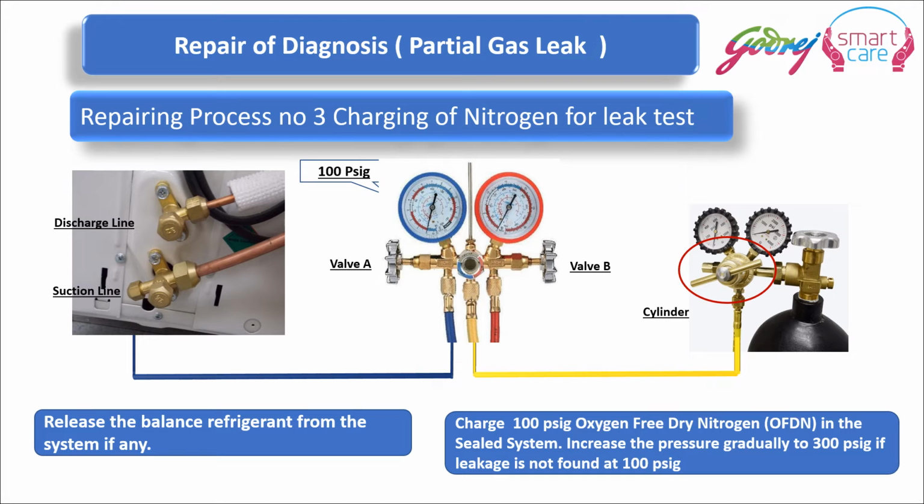So initially we check the leakage at 100 psi, and if we don't find any, we gradually increase the pressure to 300 psi maximum, and at 300 psi most of the leakage points should have been found in the sealed system.